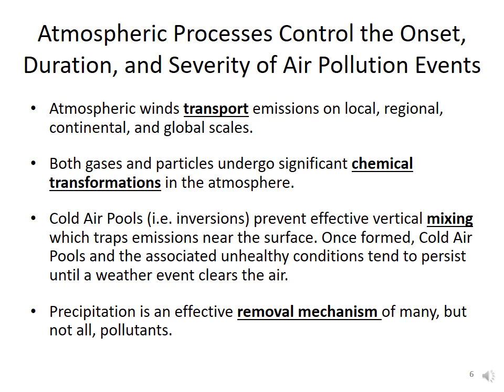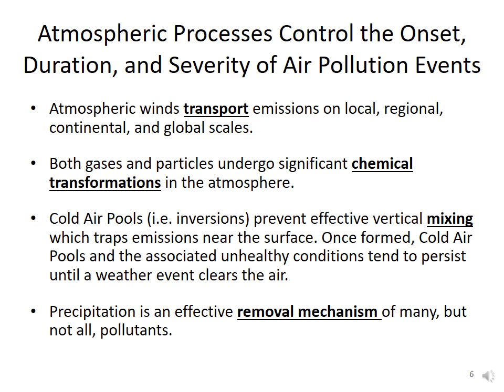The cold air pools, often referred to as inversions in the media, are really important for air quality here in Salt Lake City because they really prevent vertical mixing. And the net effect of that is that the emissions that we put into the atmosphere down near the surface remain near the surface at a concentrated level. This often leads to some of the most unhealthy air in the United States being observed right here in Salt Lake City.